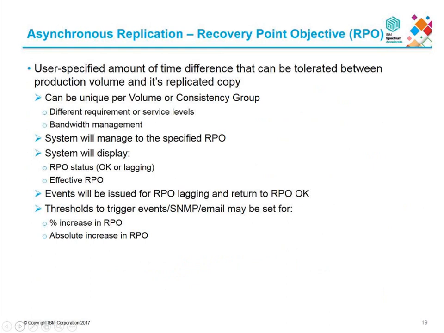The system is going to manage to the specified RPO. It also tracks, amongst all the different groups, how far away from the desired RPO each one is. So you can think of it, without specifying a time, as: RPO is great, RPO is good, RPO is what it's set to, RPO is a little bit lagging, RPO is lagging a lot, and RPO really, really stinks.